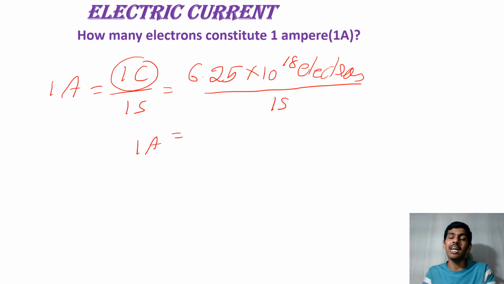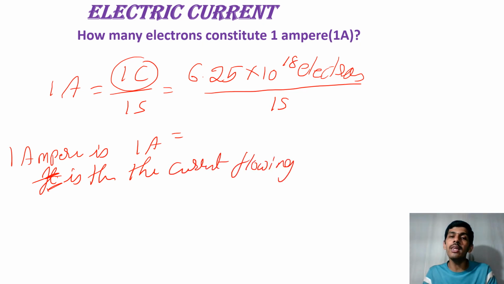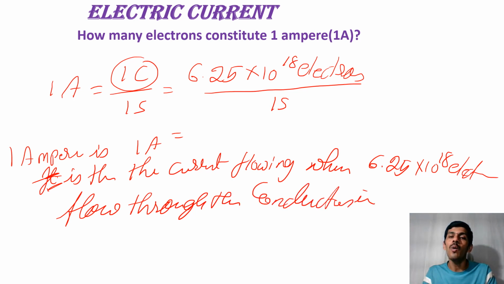So in other words, can you define 1 ampere in one more sentence the other way around? That means 1 ampere is the current flowing when 6.25 into 10 to the power of 18 electrons flow through the conductor in 1 second.